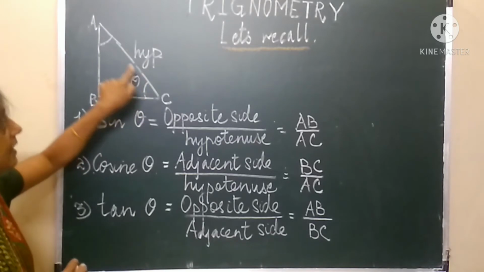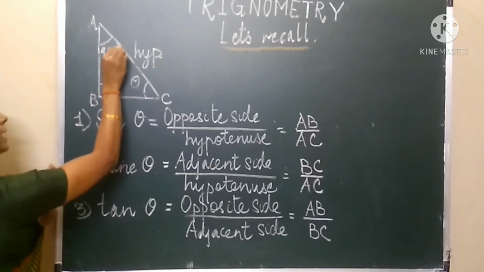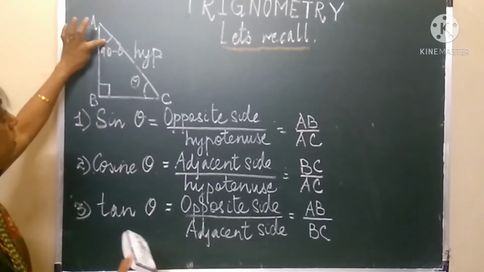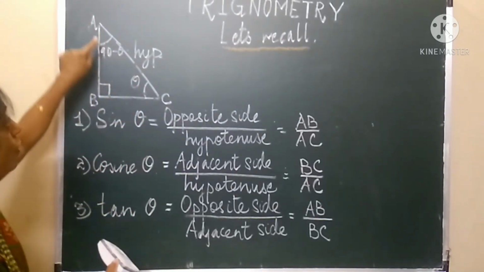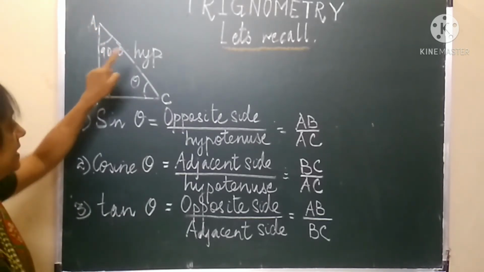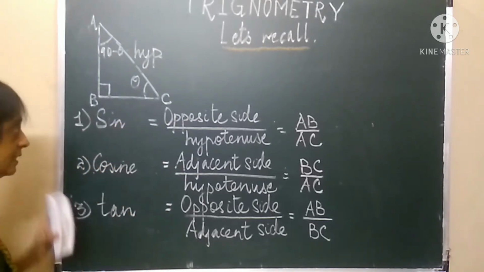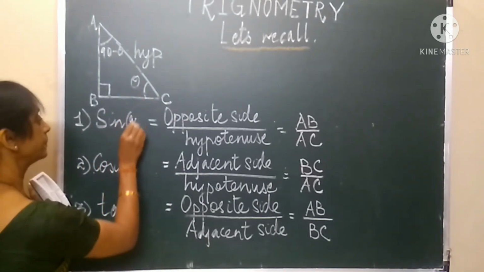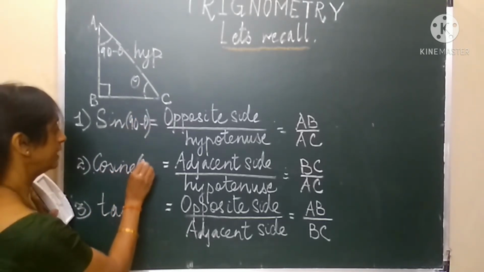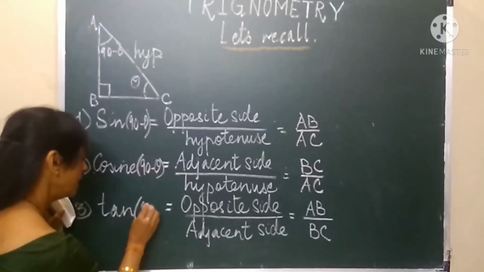If one angle is theta, the other one can be written as 90 minus theta. So let's find out all three trigonometrical functions for which angle? Angle A. How much is angle A? 90 minus theta. So this is the only change I will make over here. Sine of 90 minus theta, cos of again which angle? 90 minus theta, tan of which angle?